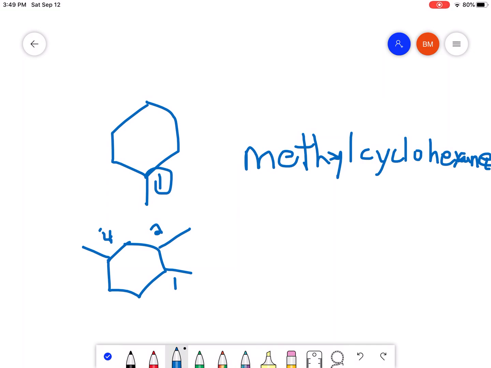If you had one like this, all right? Now this one's interesting because either way, there's a couple of different ways you could have 1, 3. You could have this one be number 1 and go clockwise 1, 2, 3, or you could start at this one, go counterclockwise, and go 1, 2, 3.